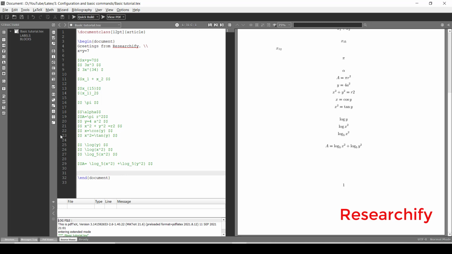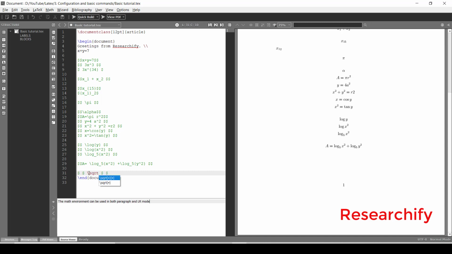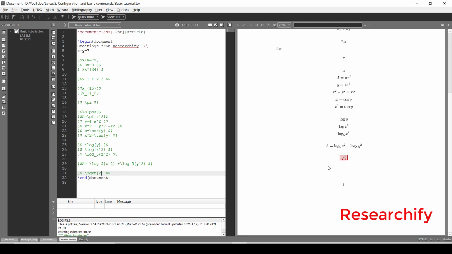You can just write in mathematics mode, and for writing any square root you have to write backslash sqrt. Then in between curly brackets you can write 3 or 2. I'm writing here 2. You will get, see, root under 2.